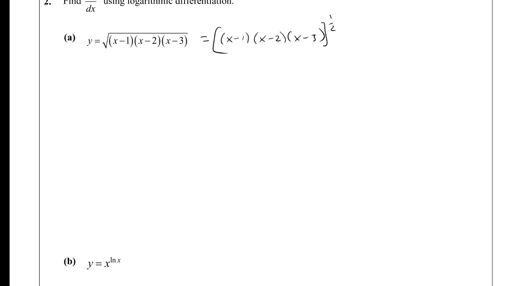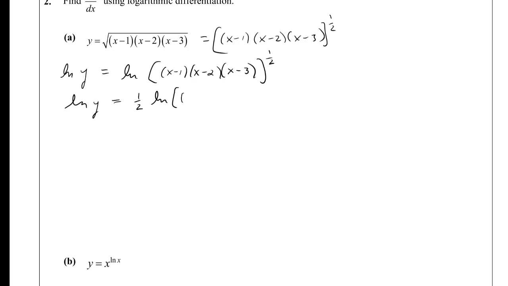All right, so then if I do logarithms of both sides, ln y is ln of this whole right side. Okay, and now I can do my simplification using the algebraic logarithm rules. So ln y is 1/2 ln of x minus 1, x minus 2, x minus 3. So that was bringing the exponent down.